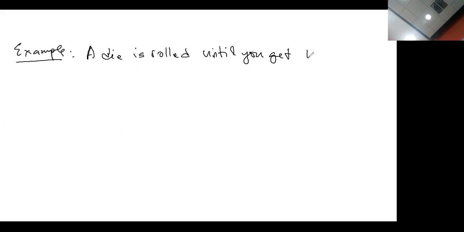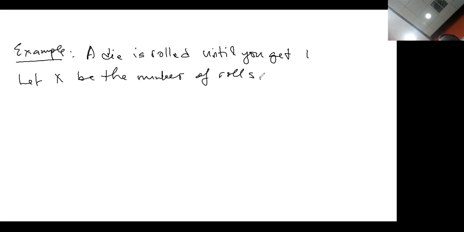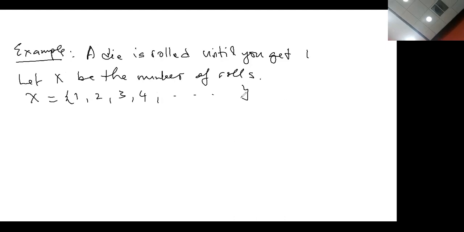You want to roll a die until you get 1. Let X be the number of rolls. Then X equals 1, 2, 3, 4. Remember, we have this as an example of an infinite discrete random variable.